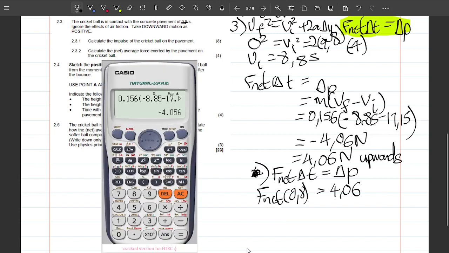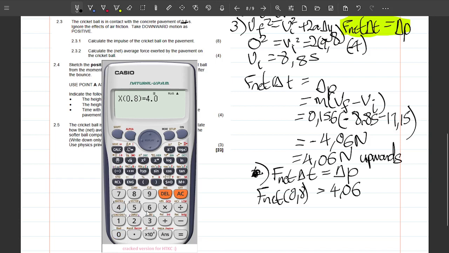So we'll bring the calculator back. Because I don't have F, I'll use X, and then we've got 0.8 X equal to 4.06.